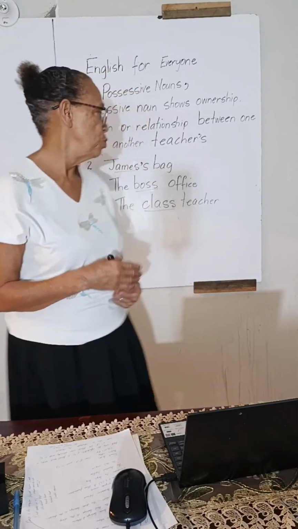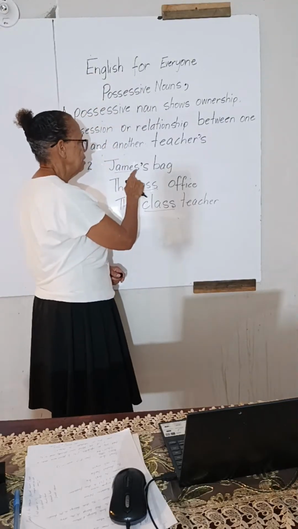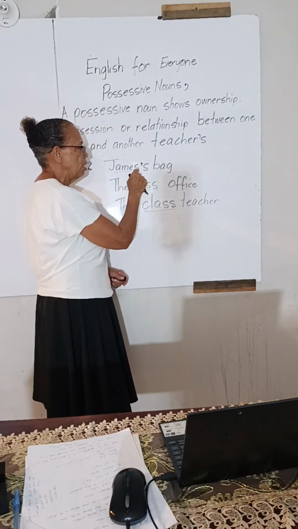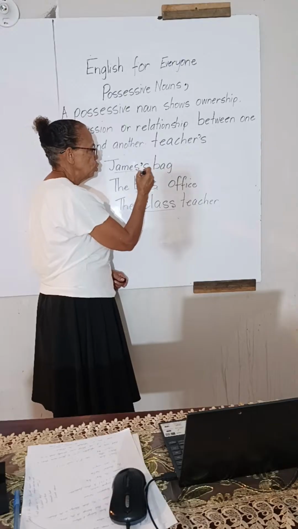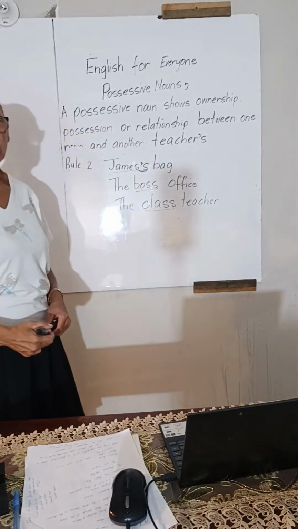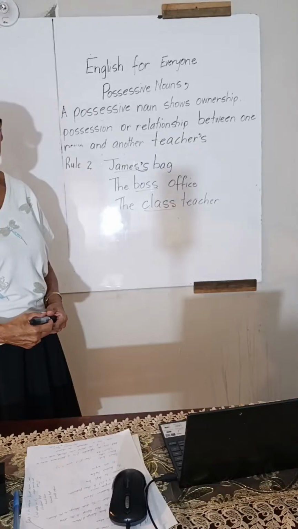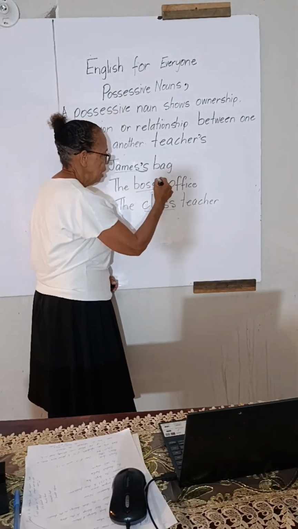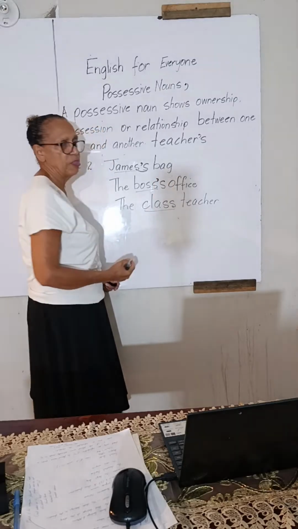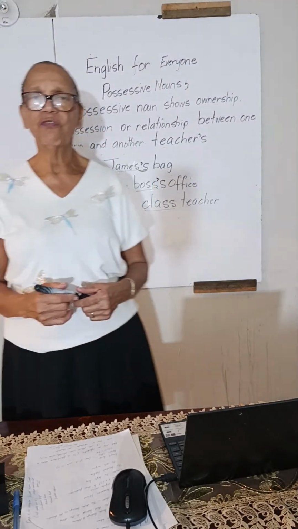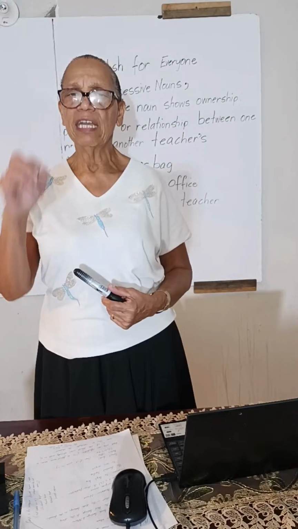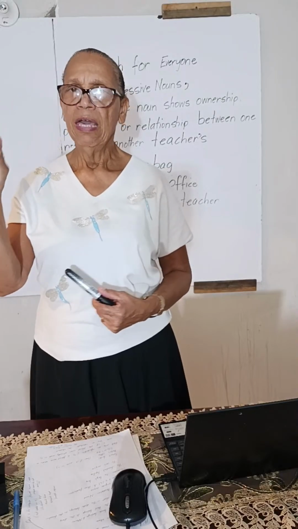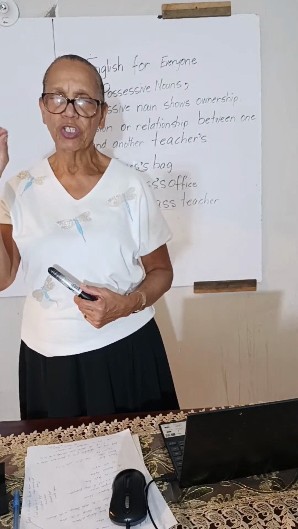Then we are going to put another S, and we're going to put an apostrophe between the two S's. The apostrophe is a little symbol, and that one shows ownership.